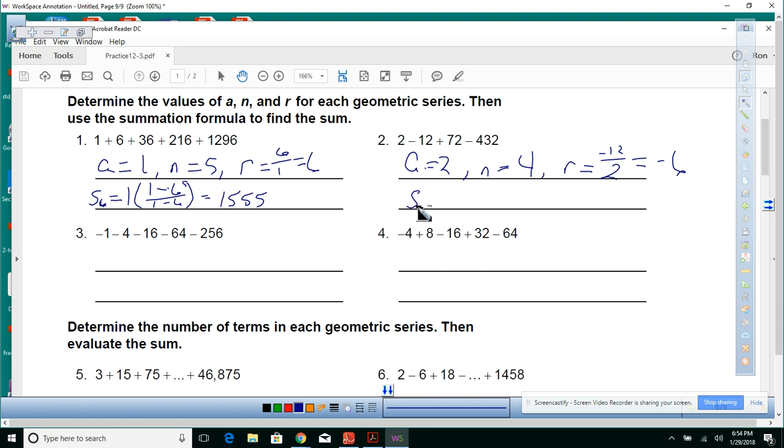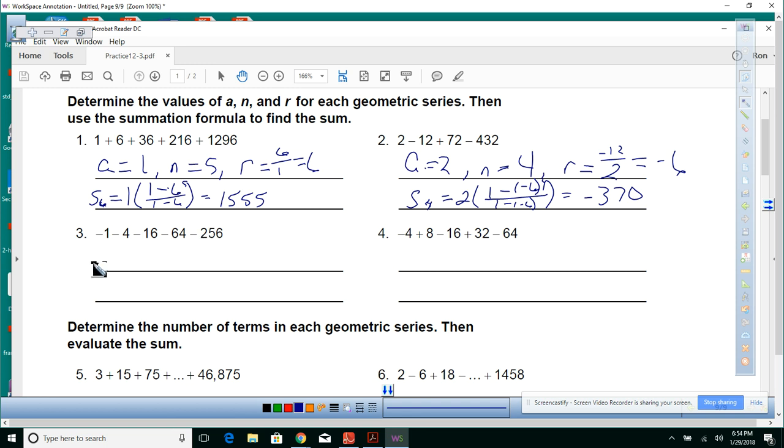S sub 4 equals 2, and that's 1 minus negative 6 to the 4th power over 1 minus negative 6. And you should get negative 370. Negative 370.